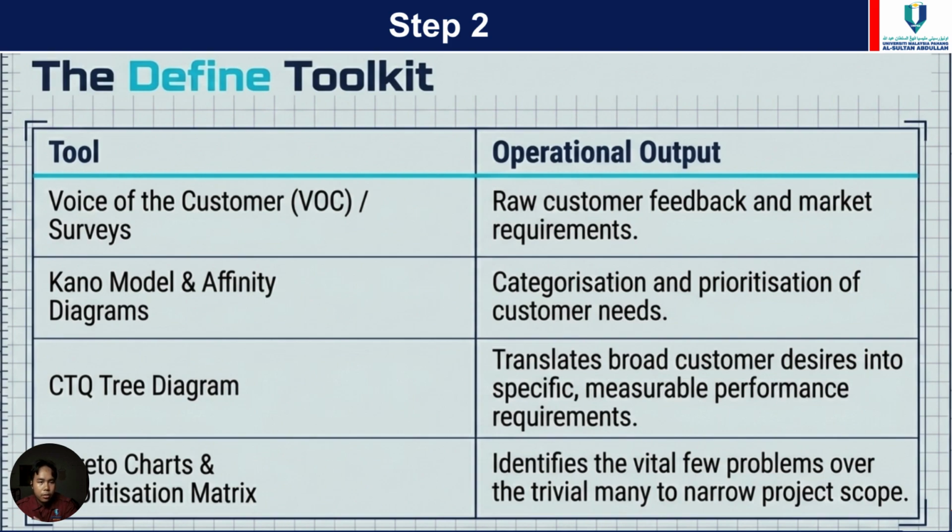Each tool produces a different operational output, where VOC mainly focuses on raw customer feedback and market requirements. The Kano model is categorization and prioritization of customer needs. The CTQ diagram translates broad customer desires into specific, measurable performance requirements. And lastly, Pareto charts identify the vital few problems over the trivial many to narrow the project scope. So by studying and mastering each tool, we can use them differently depending on the situation.